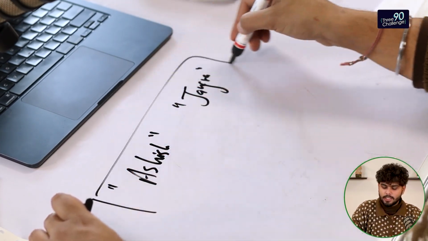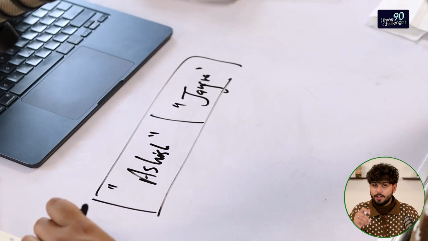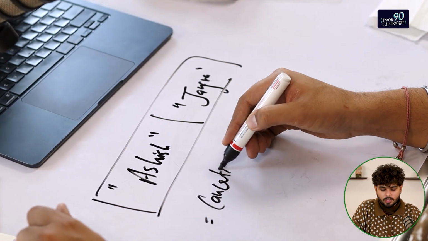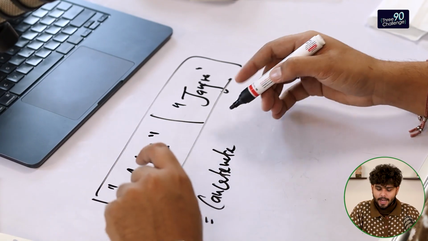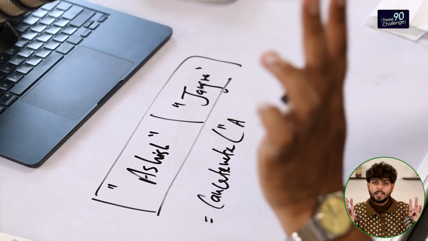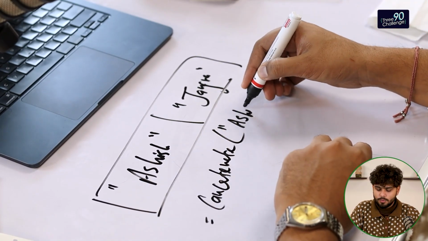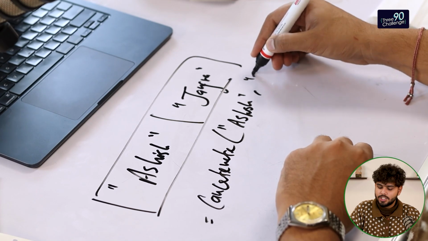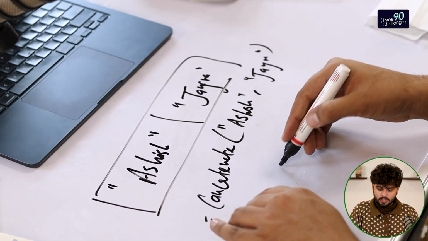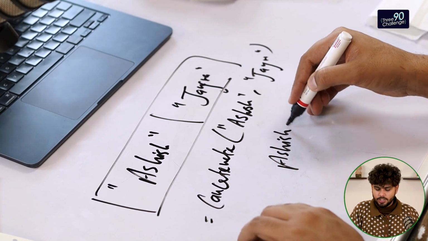So just treat it as one cell, just treat it as another cell. If you want to concatenate them, we are having the function that will go something like this. We can concatenate this one. For example, if I'm writing, and everything should be there in double quotes. Okay, single quotes don't work here. So if I'm writing Ashish and Jangra, the resultant in that particular cell will be Ashish Jangra.